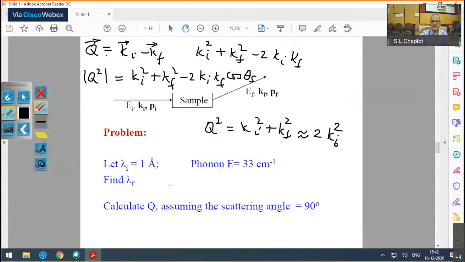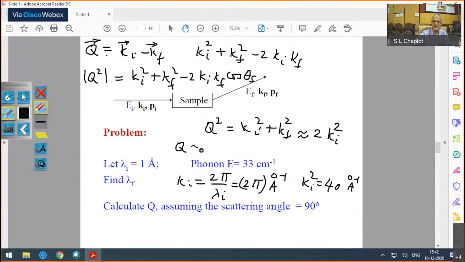Now let's see what Ki is. Ki equals 2 pi by lambda. So this is 2 pi times, lambda is 1 we said, so 2 pi angstrom inverse. Ki square is 4 pi square, which is roughly 40 angstrom inverse squared. Let me rather say the magnitude of Q is root 2 times Ki.